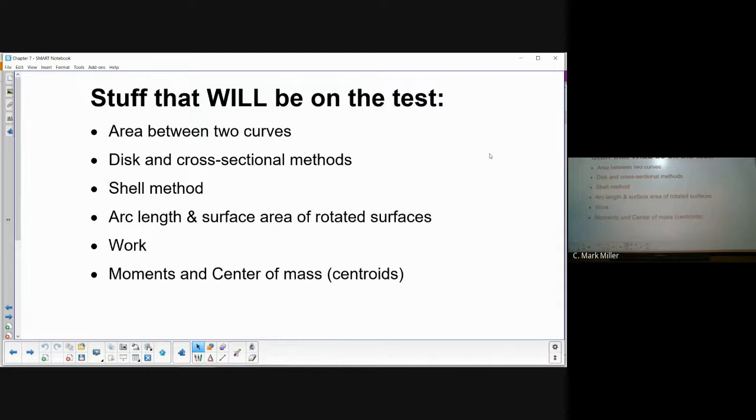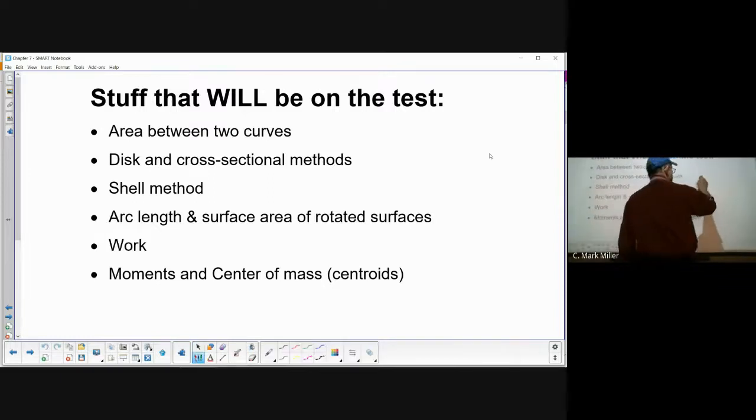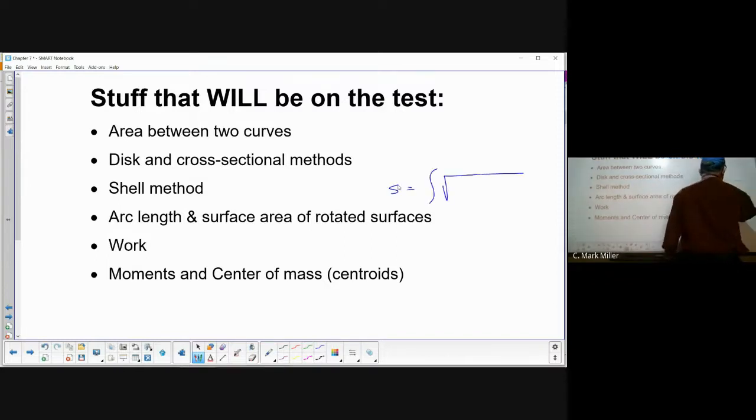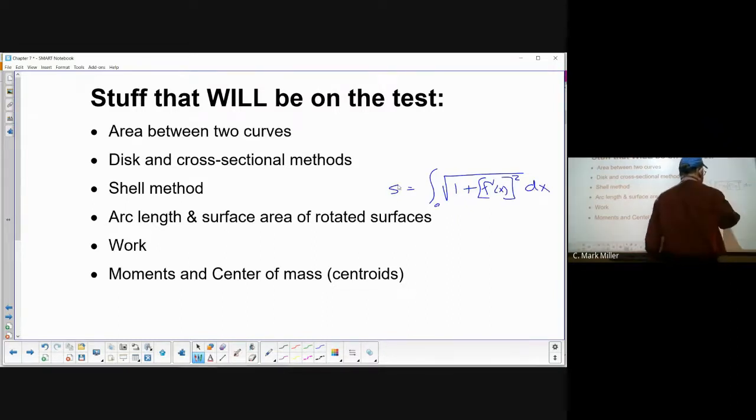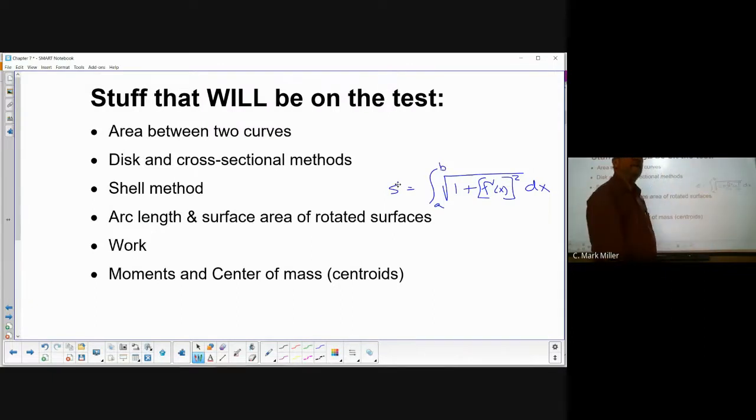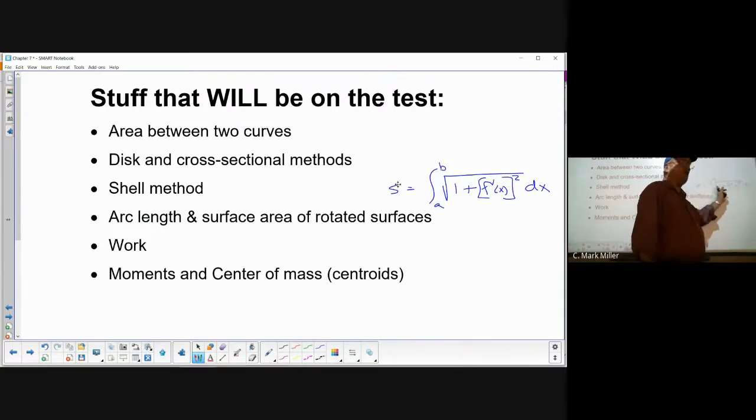So the arc length of f of x from a to b is the integral, s equals the integral from a to b of the square root of 1 plus the derivative squared. It's this resulting square root that you've got to work on integrating. So the integrals can be sticky.